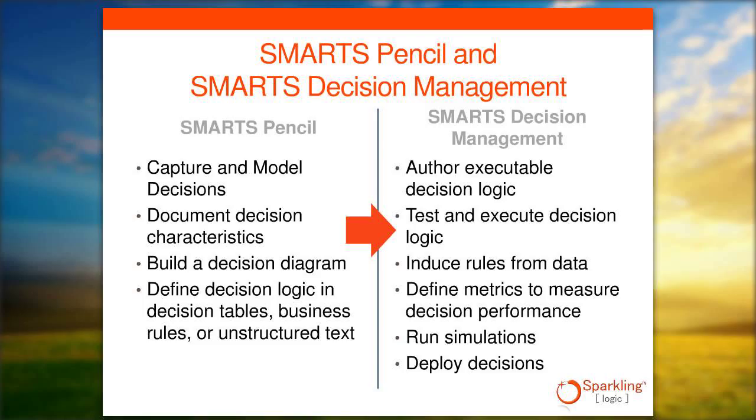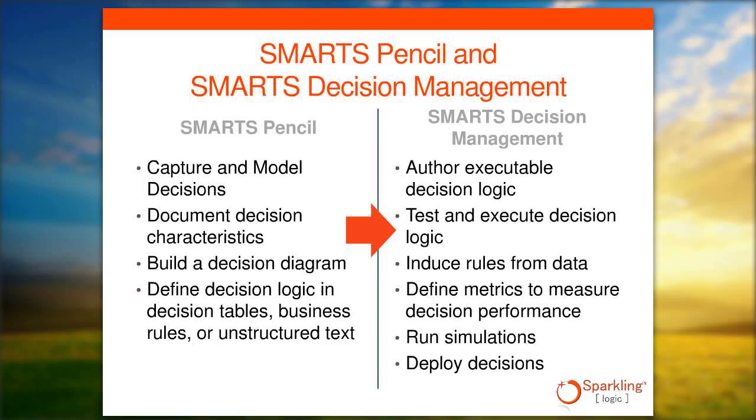You can also define KPIs and metrics on the decision so that as you execute your decision against new data samples, you could measure your decision's performance and run simulations against those data samples so that you can be sure when you're ready to deploy your decision that it will have the performance or the outputs that you expect. And then finally, after you've done this, you're ready to deploy your decision.